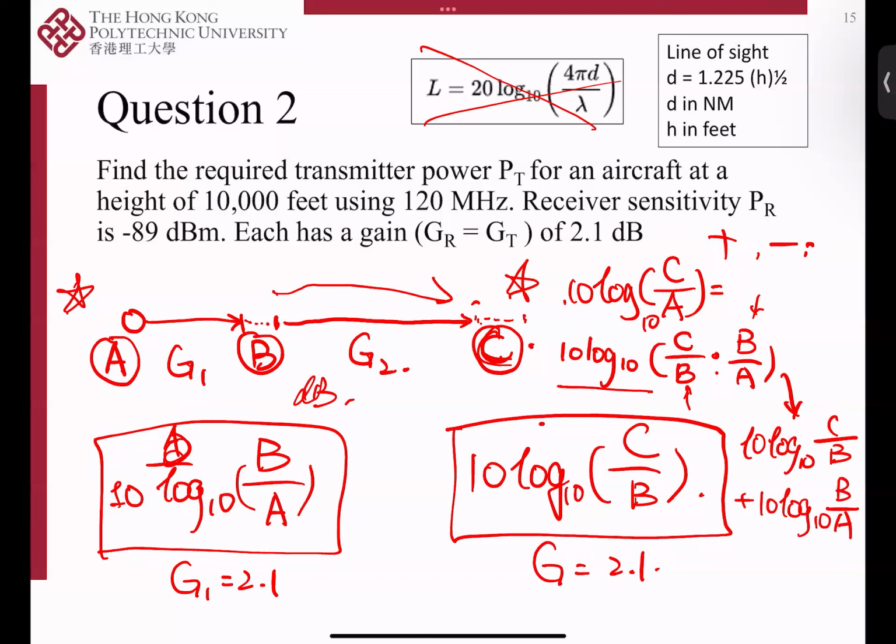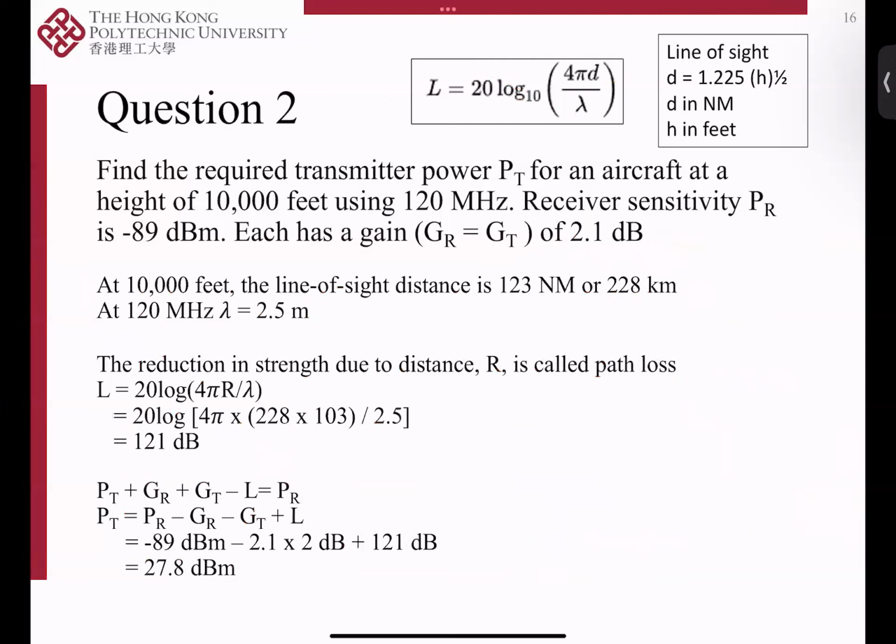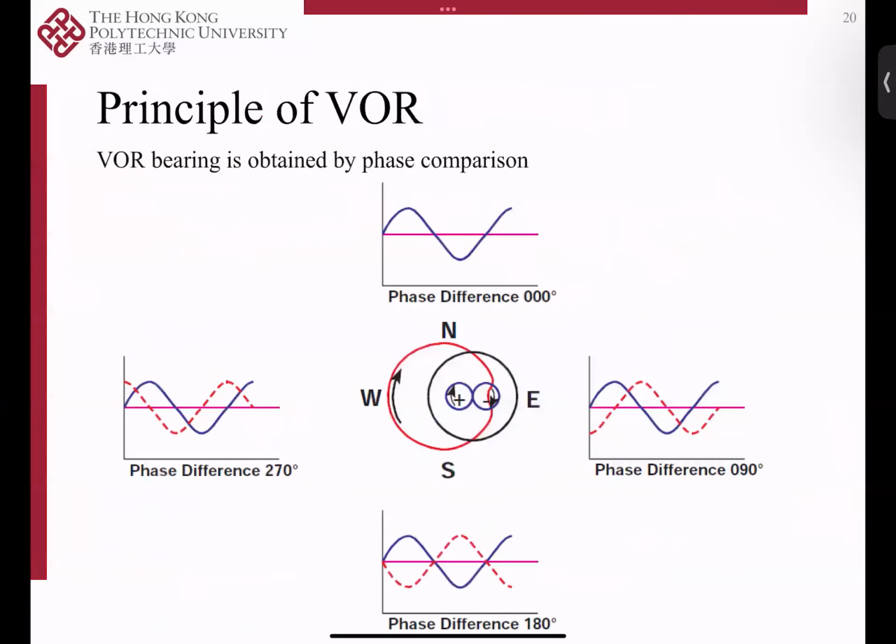That's why, if you operate in terms of dB, in terms of comparison, the operation is addition, because inside the log it is multiplication. If it is put outside the log, it will be addition or subtraction between different terms. So that's the reason why it works like this.